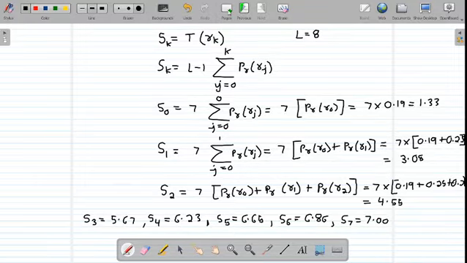So now by applying the transformation to RK, you have converted that to SK. Now you have the value of RK and the value of SK.